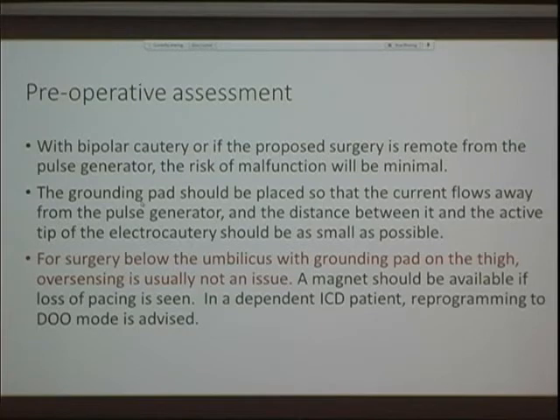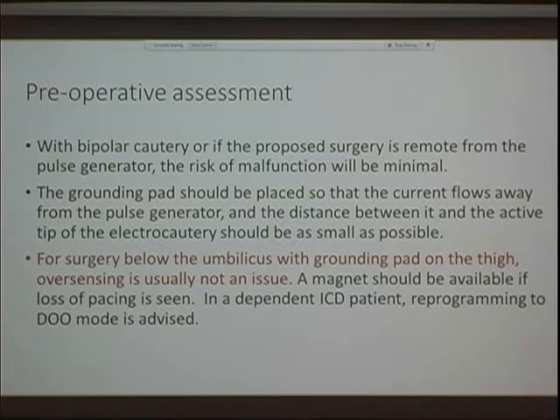Now for surgeries below the umbilicus, where the grounding pad can be placed on the thigh, sensing will usually not be an issue. So your question about the inguinal hernia repair, I think it's not going to interfere even in a pacemaker dependent patient as long as the grounding pad is placed below on the thigh area.